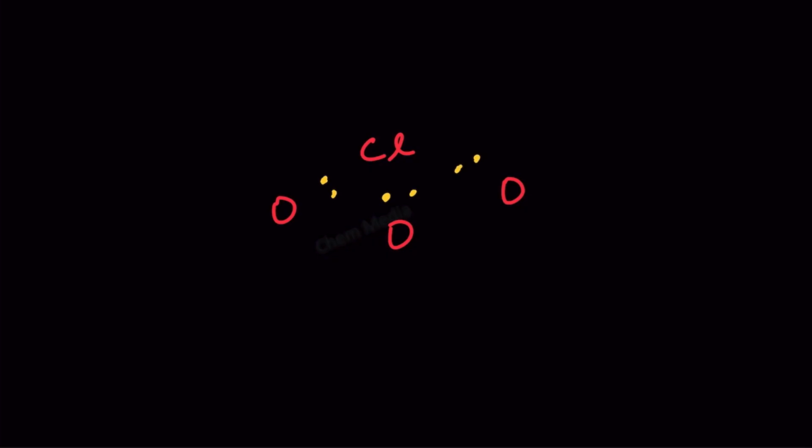And then let us put 3 lone pairs around each oxygen atom. That would account for 3 times 6, 18 valence electrons. So 18 plus 6, 24. We still have 2 more valence electrons. Let us put that on top of chlorine, because in total we have 26 valence electrons in chlorate ion.